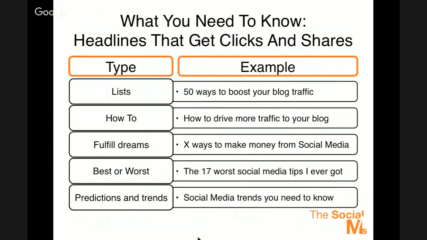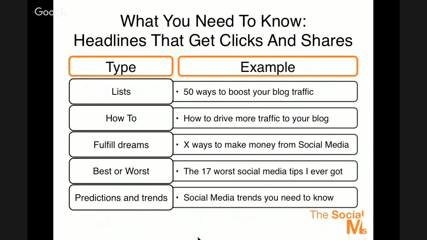You should know some things about headlines before you start creating the perfect headline. There are actually certain kinds of headlines that usually work really well in social media. And you will probably have seen a lot of these headlines because a lot of social media and content marketing specialists are using these types of headlines.